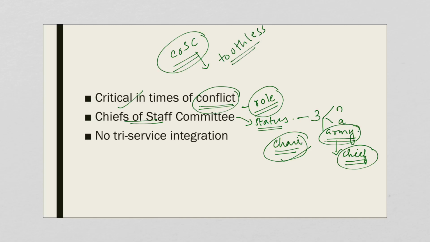They do not have much power, and the post does not further tri-service integration, that is, the integration of the three services is not guaranteed or ensured by the post of COSC. This results in inefficiency and also expensive duplication of assets, at the cost of public resources. So this is the present status.